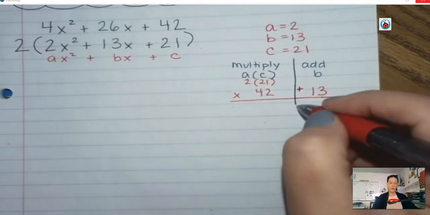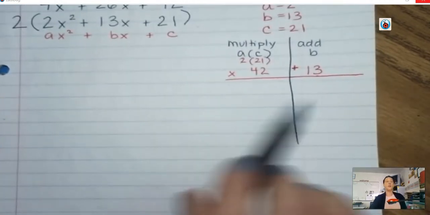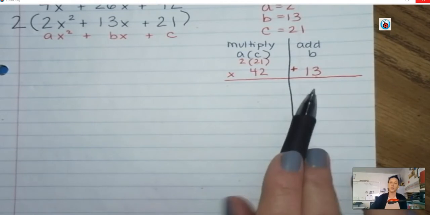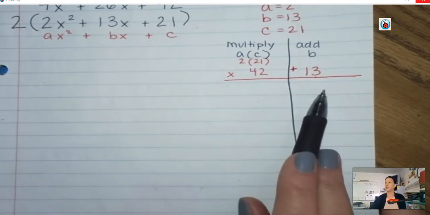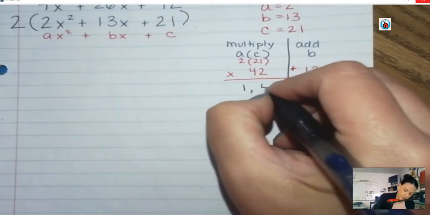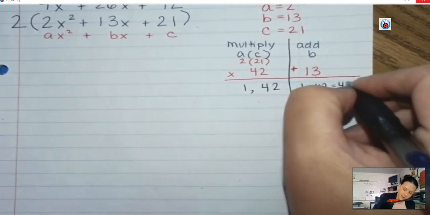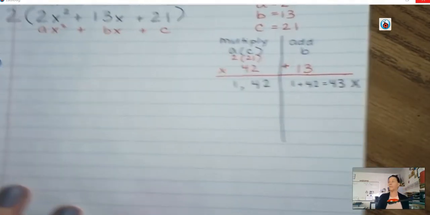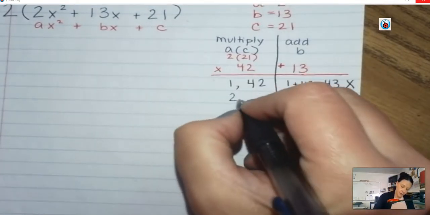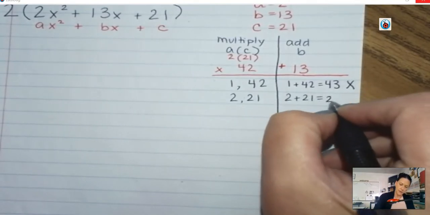And this is just what we did last week. If you can do it in your head, great. If not, start listing off what multiplies to be 42 and figure out what combination will get you to 13 when you add the 2 numbers. So like 1 times 42, but 1 plus 42 is 43, so that's not it. 2 times 21, but 2 plus 21 is 23.